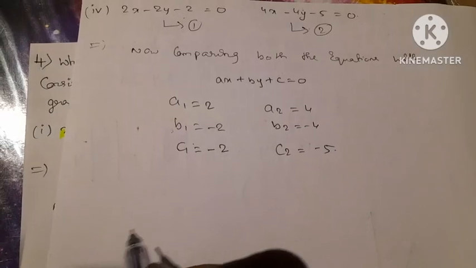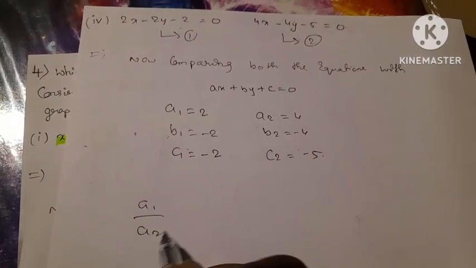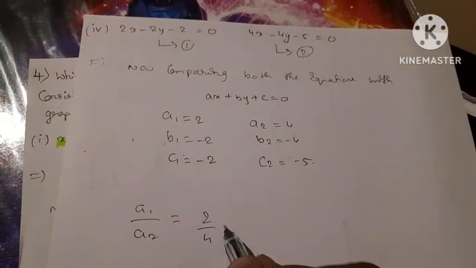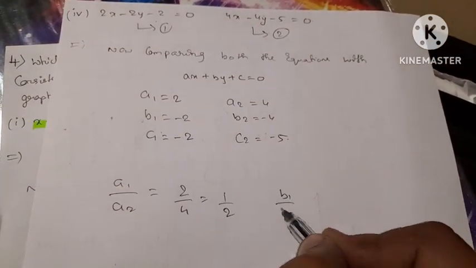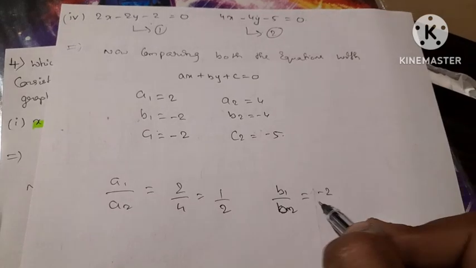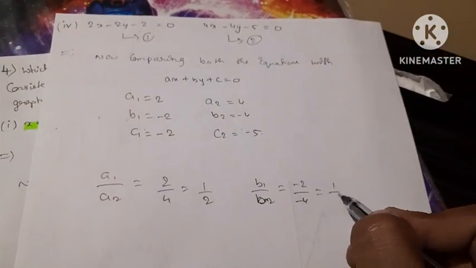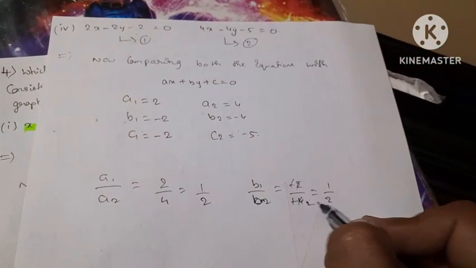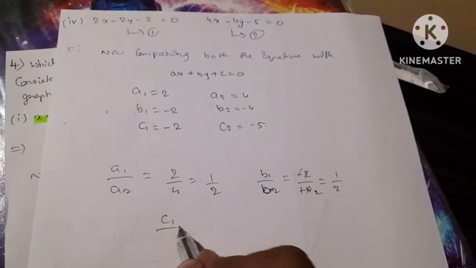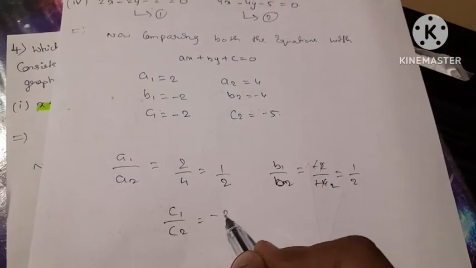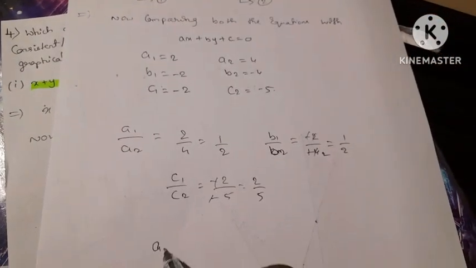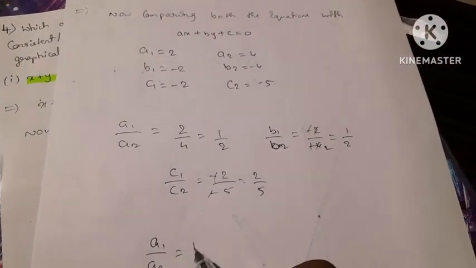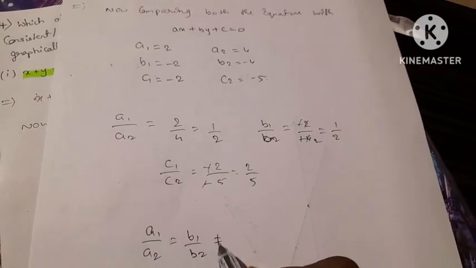Now comparing, a1 by a2 is equal to 2 by 4 is equal to 1 by 2, and b1 by b2 is equal to minus 2 by minus 4 equal to 1 by 2. c1 by c2 is equal to minus 2 by minus 5 equal to 2 by 5. So a1 by a2 is equal to b1 by b2 is not equal to c1 by c2.